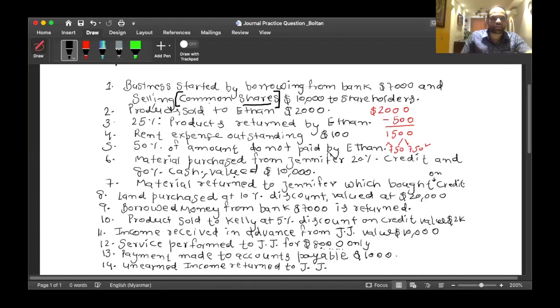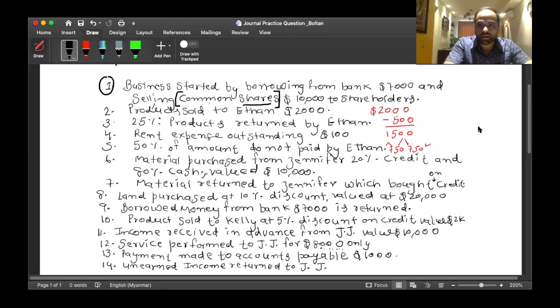Now start with the first journal entry: the business started by borrowing 7,000 from the bank and selling common share worth 10,000 to shareholders.